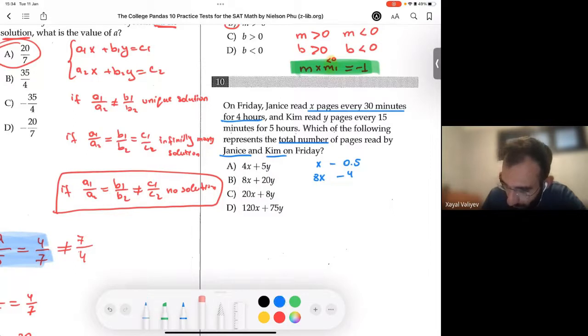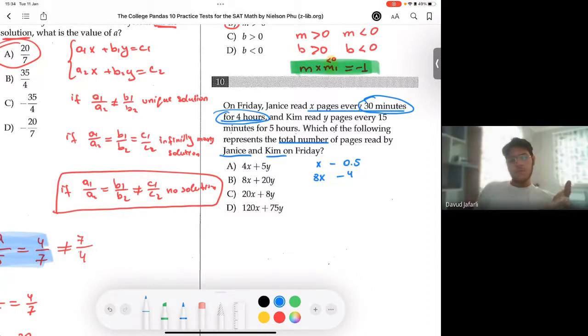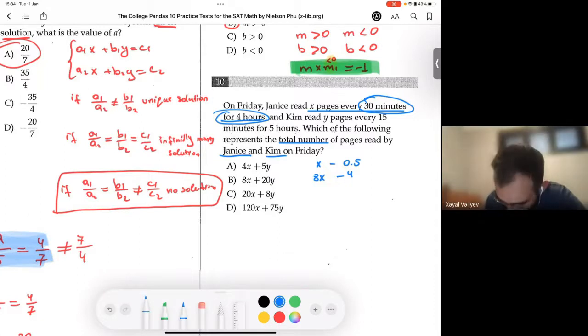Which of the following represents the total number of pages read by Jess on Friday? Because we're given minutes and talking about hours, we're going to convert minutes to hours. If I consider the box, to solve this equation I need to cross multiply.